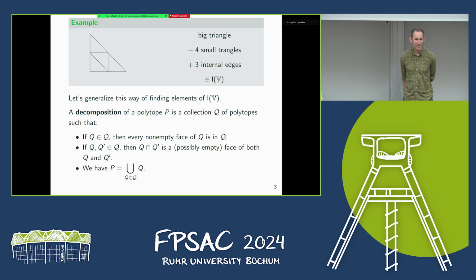That's right. So actually, I have a lot of faces in here. I have a bunch of vertices. I have a lot of edges. It's not closed under internal faces, but it's closed under faces. So some of the faces in my decomposition are internal and some are external. In this particular decomposition, I have 6 vertices, none of them internal. I have 9 edges, 3 are internal and 6 are external. And I have 4 two-dimensional faces.